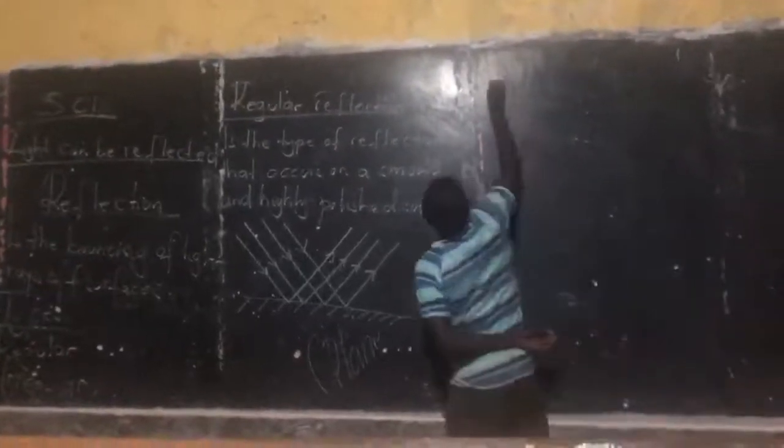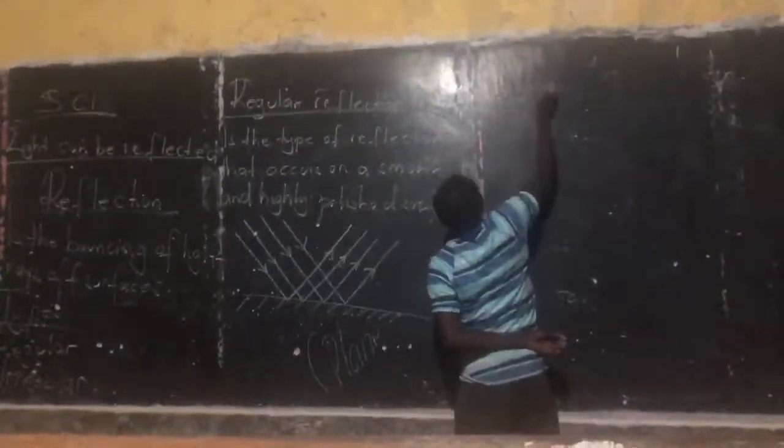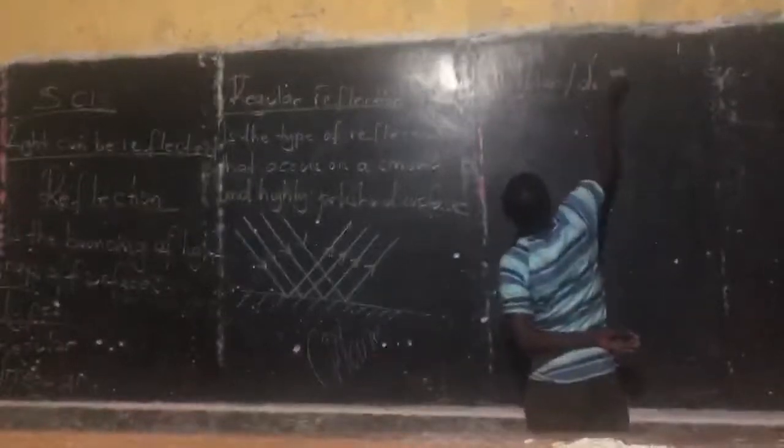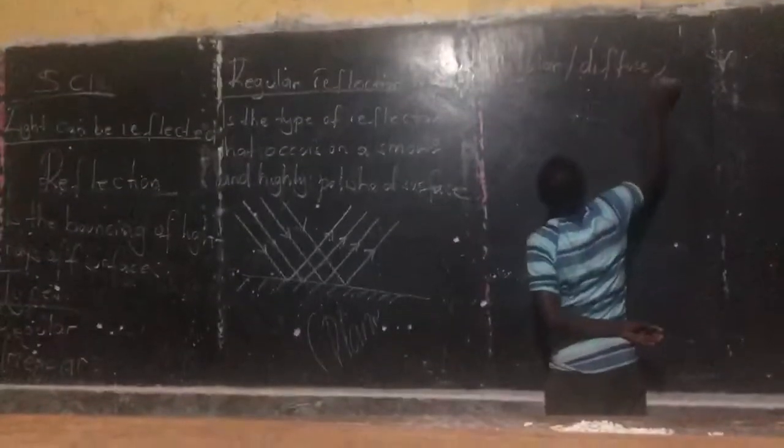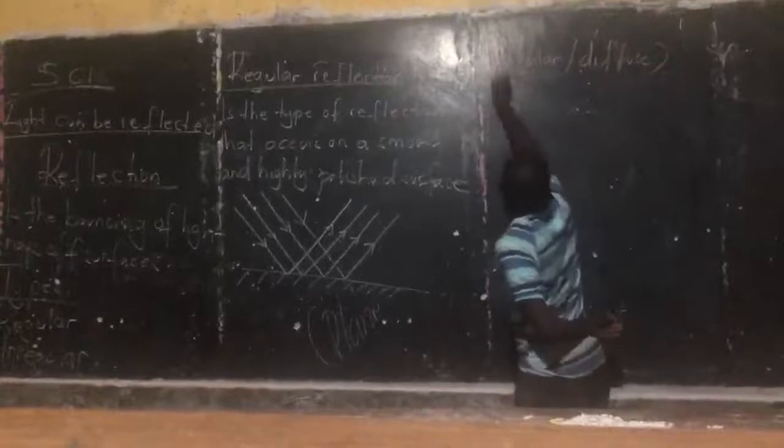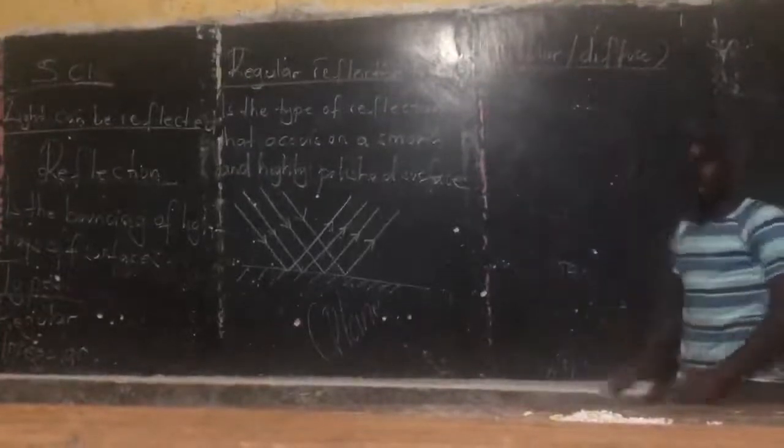Irregular reflection, sometimes also called diffuse reflection, is the opposite of this one. What is irregular reflection?